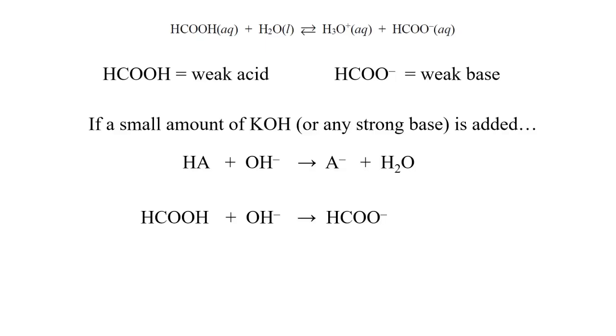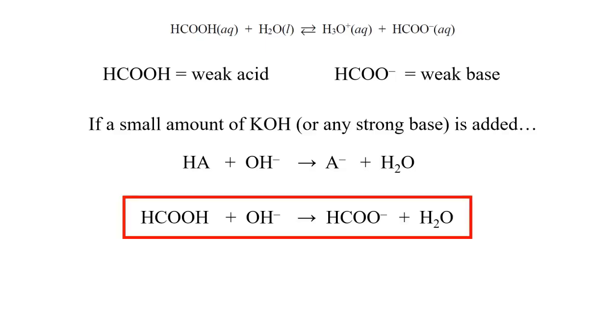It will produce its conjugate base, the methanoate ion, and water. So why does the pH increase but only slightly? It's because this ratio of buffer components, as in the ratio of the methanoic acid and the methanoate ion, will change. That ratio of ions to acid molecules will change, but only slightly. And that will keep the pH changing only slightly in this buffer.